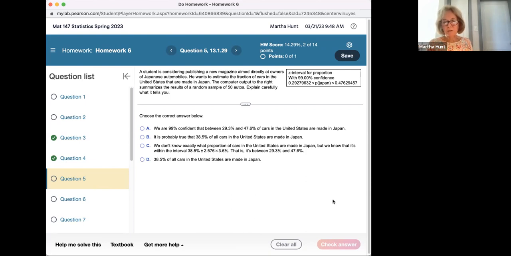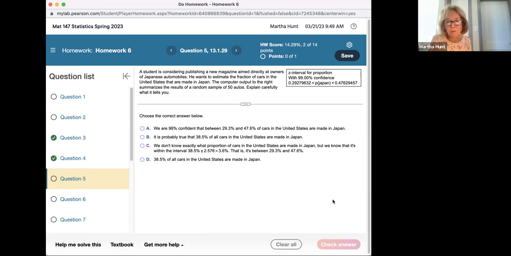It is probably true that 38.5% of the cars are made in Japan. We don't know exactly, but then they do some arithmetic and say we know that it's between 29 and 47. And there's a blanket statement that 38.5% are made in Japan.